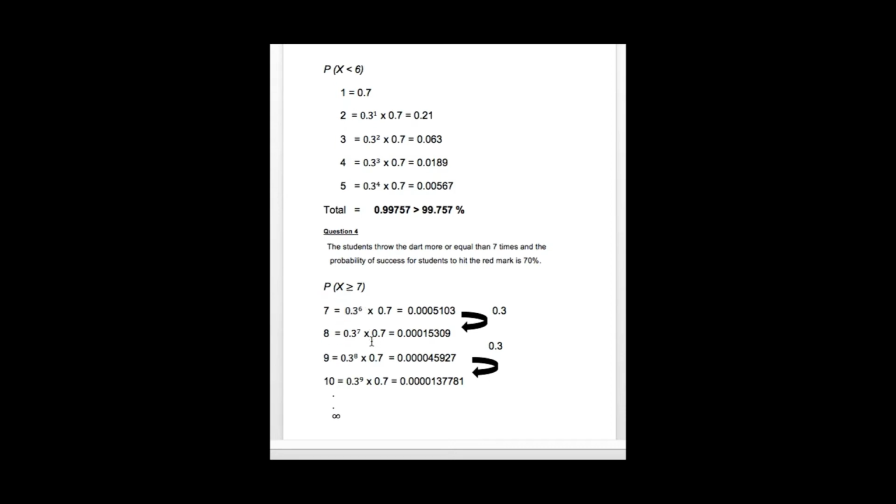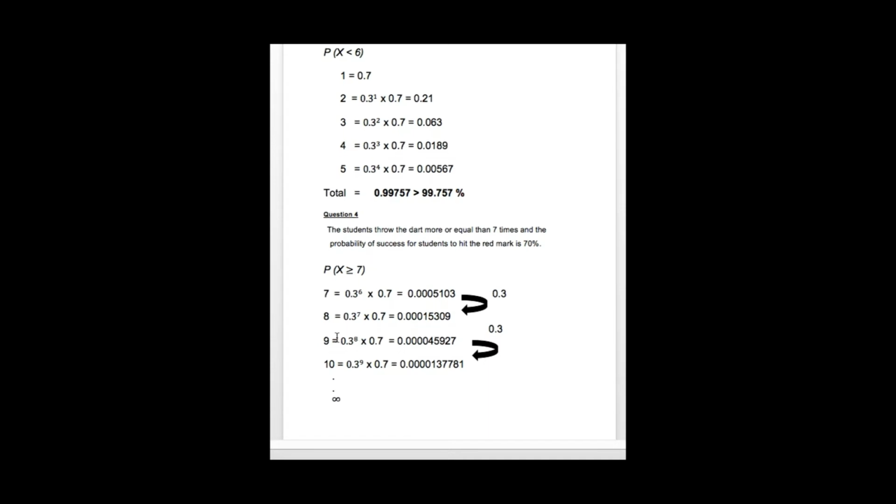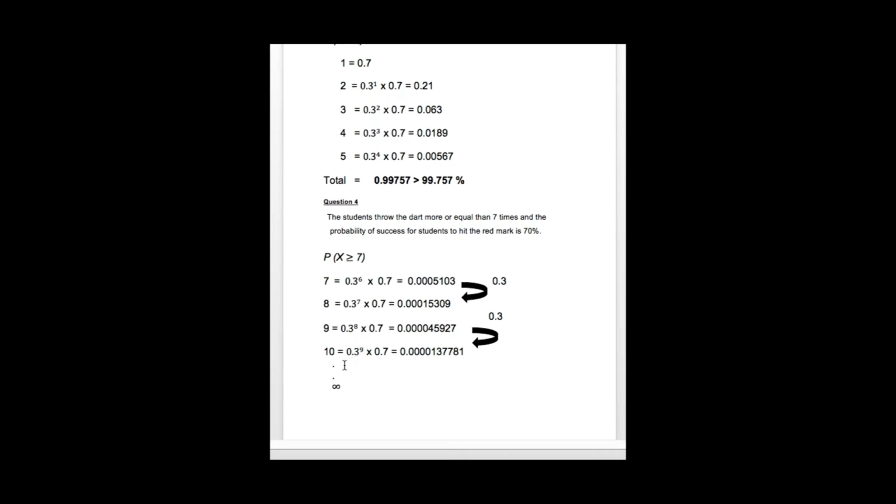We substitute the data same as above: 0.3 to the power of 6 multiplied by 0.7 equal to 0.0005103, and the 8th is 0.3 to the power of 7 multiplied by 0.7, which is 0.0001539, and the 9th is 0.3 to the power of 8 multiplied by 0.7 equal to 0.000054927, and the 10th is 0.3 to the power of 9 multiplied by 0.7, which is 0.000013781.